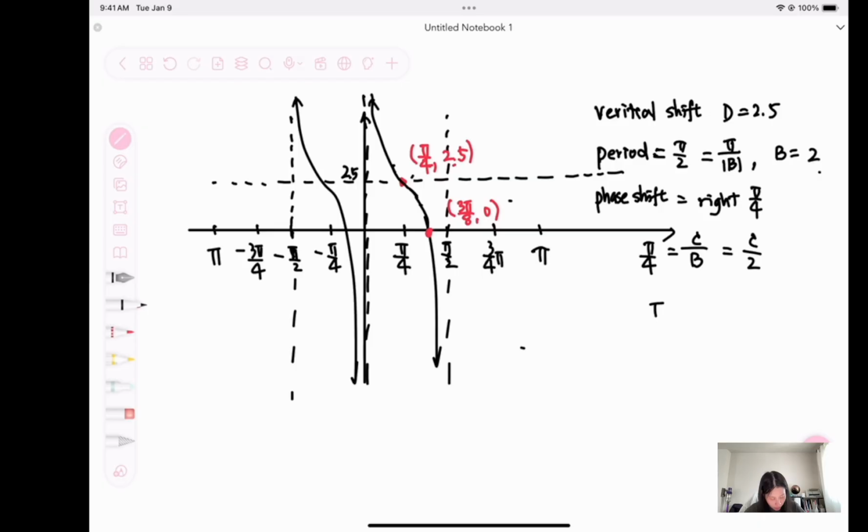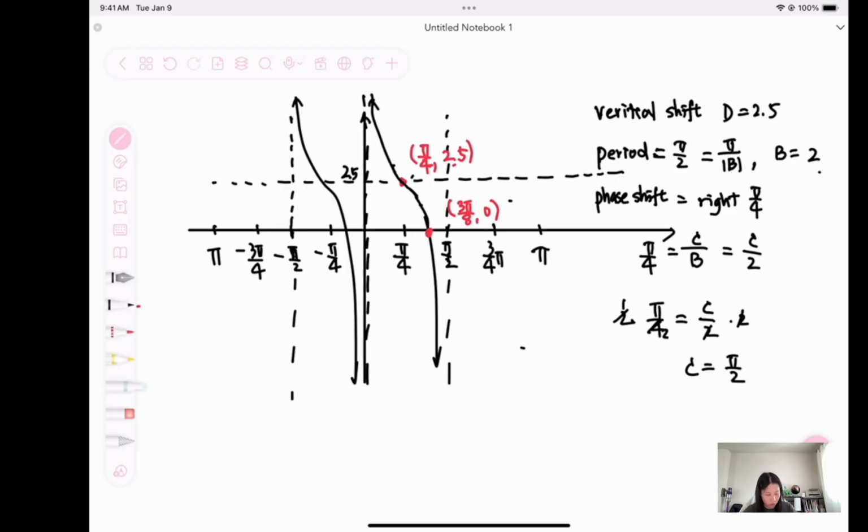So I have pi over 4 equals C over 2, because we just found B is equal to 2. And then in order to get rid of the denominator, we times 2 on both sides, and then simplify it. So we get C is equal to pi over 2.